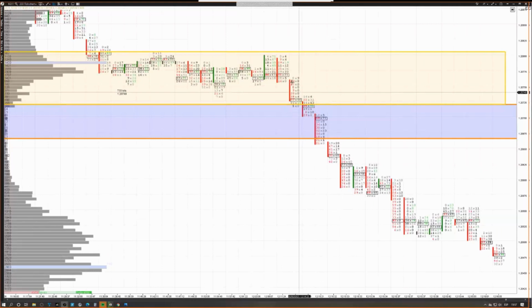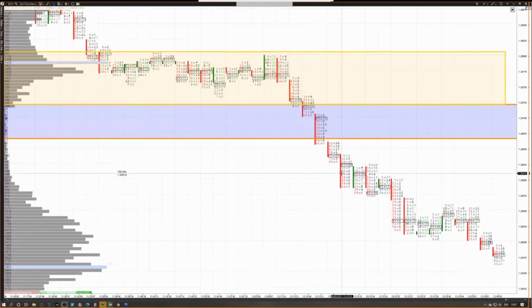We can also see how the breakdown happens. You can see a lot of selling here, a lot of volume. You can see 49, 15, and 0 on the sell side. There's a lot of selling, no buying, and the price just starts to move down. You can see again the sellers very aggressive here.